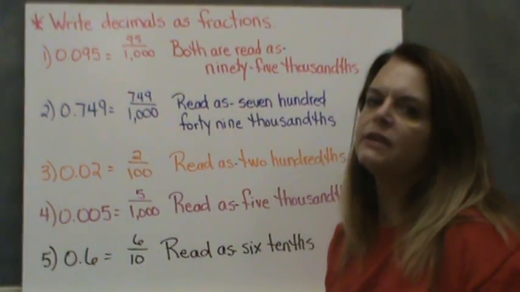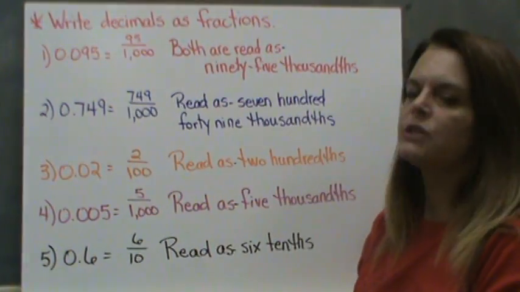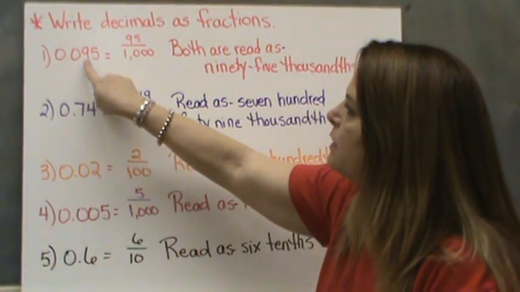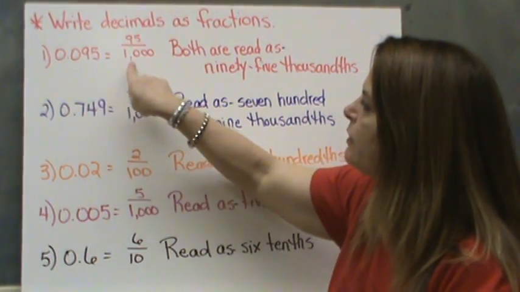And don't forget that decimals and fractions are related. I can write my decimals as fractions very easily. If I read this number, 0.95, I have 95 hundredths.